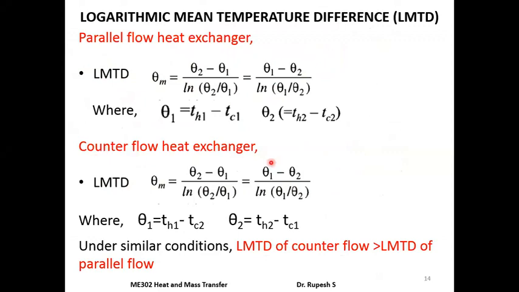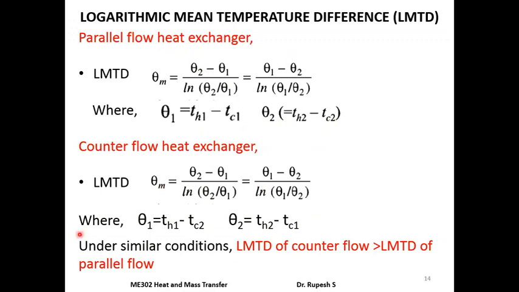This is because theta 1 and theta 2 values for parallel flow are different from those for a counterflow heat exchanger. For parallel flow heat exchanger, theta 1 is Th1 minus Tc1, theta 2 is equal to Th2 minus Tc2. Whereas for counterflow, theta 1 equals Th1 minus Tc2 and theta 2 equals Th2 minus Tc1.